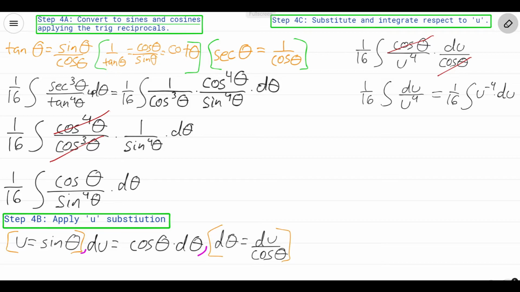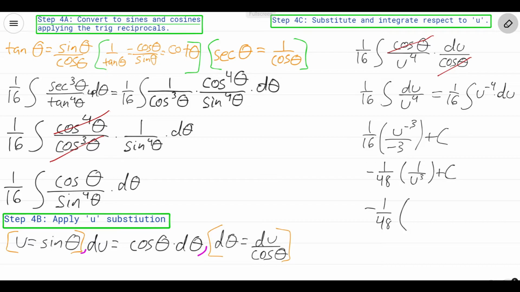Now we can integrate this by applying the power rule. In doing so, we get u to the negative 3rd divided by negative 3. We raise the power by 1 and divide by the new power. So that's the power rule, plus c. We can rewrite this as negative 1 over 48 times 1 over u to the third power plus c.